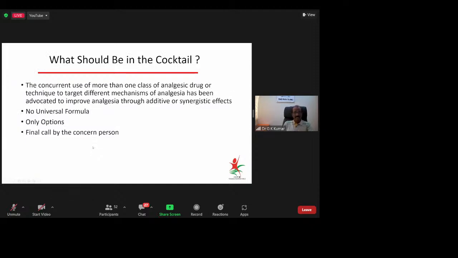Then the take-home message: what should be there in your analgesic tool, in your cocktail for multimodal analgesia?